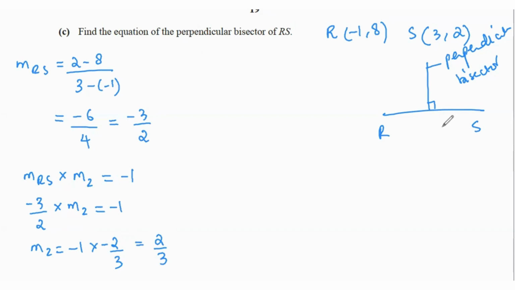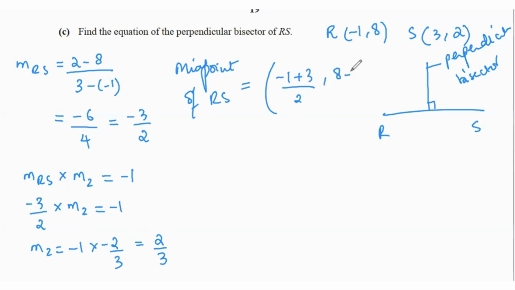Now we need the midpoint, because the perpendicular bisector divides the line into two equal parts. So the midpoint of RS equals ((-1 plus 3) over 2, (8 plus 2) over 2). That's 2 over 2, 10 over 2, that's (1, 5).